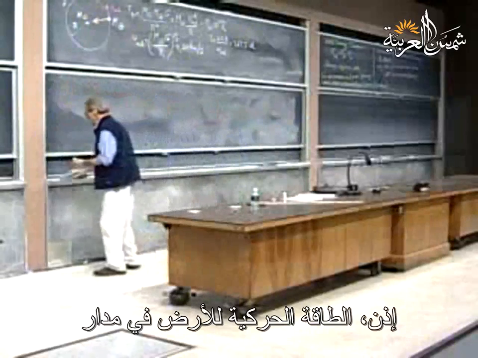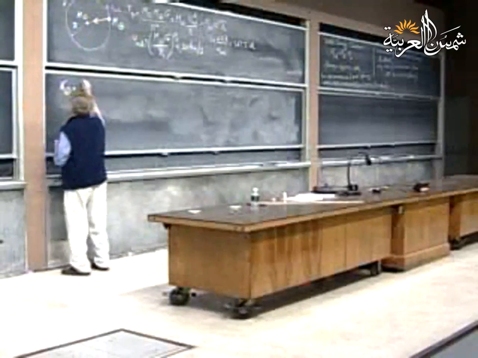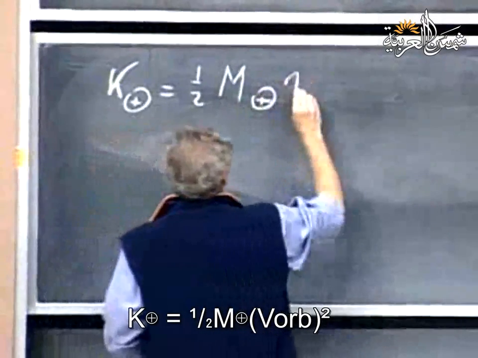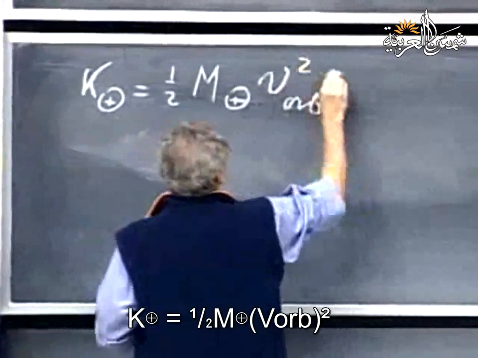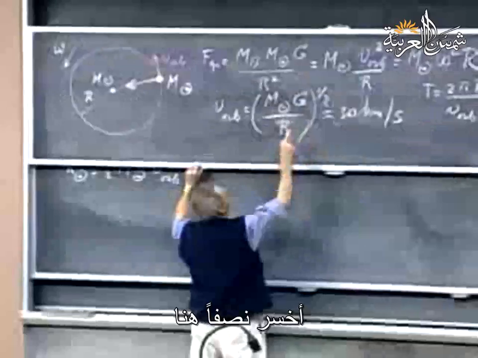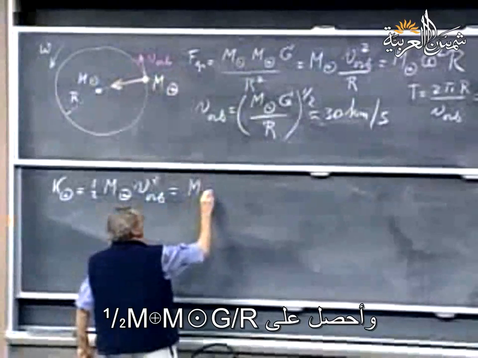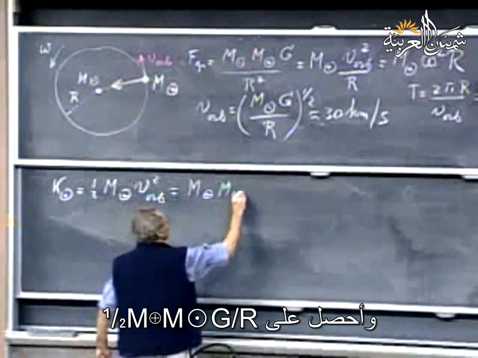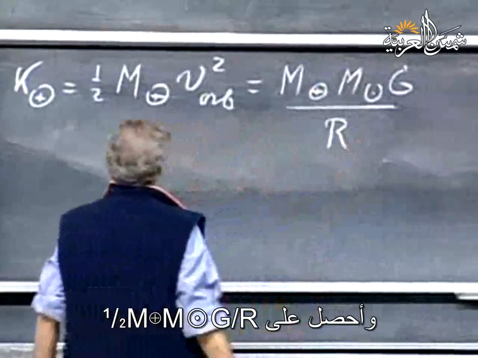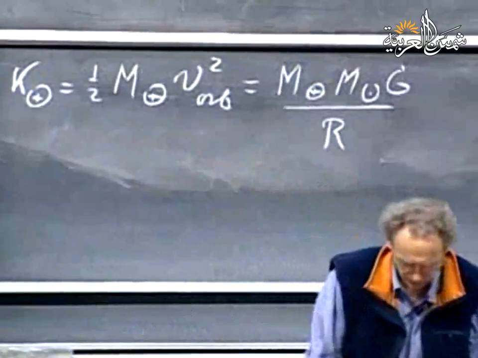So the kinetic energy of the Earth in orbit equals 1/2 mass of the Earth times v orbit squared. So I take this equation and I square it, I lose the half there, and so I get m Earth, m Sun times G divided by r. That is the kinetic energy in orbit.